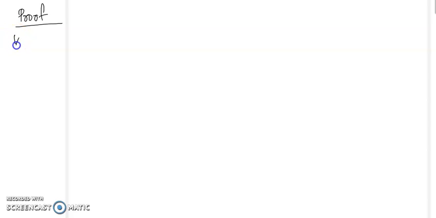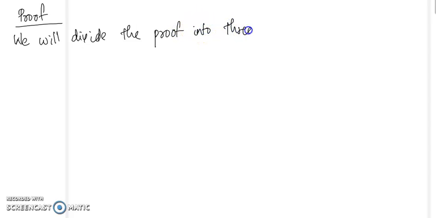We will see the 3 cases and how the proof works in each case. So, we will divide the proof into 3 cases.